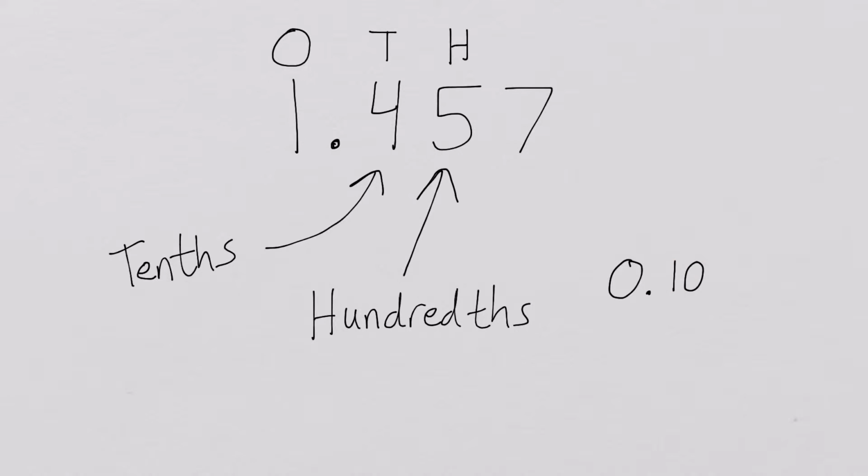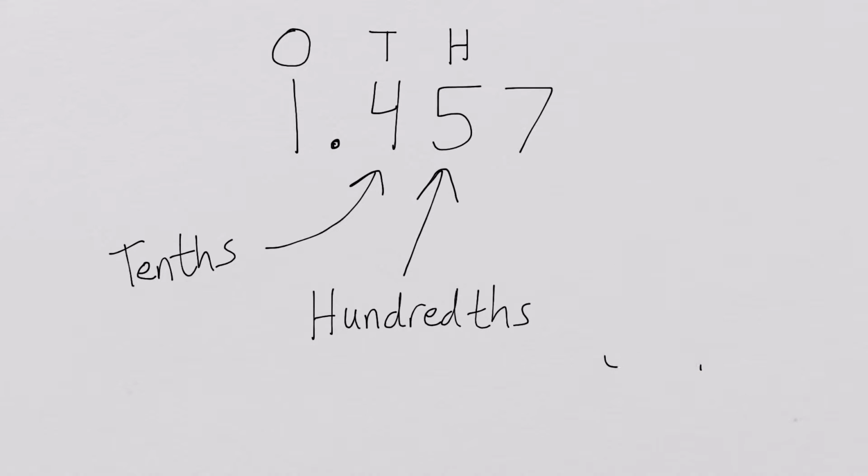And the hundredths, well, that's exactly like our pennies. It takes 100 pennies to make one whole dollar, and we would write our pennies as 0.01. So we've got dimes, which is 10 cents, or just a 1 in the tenths place, and we have hundredths, or pennies, which is a 1 in the hundredths place.